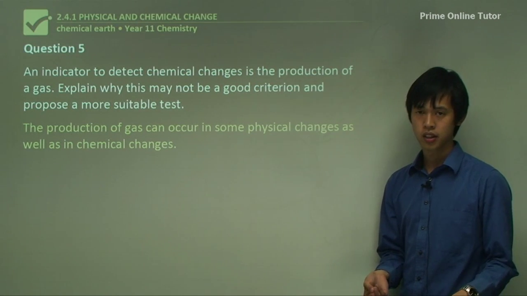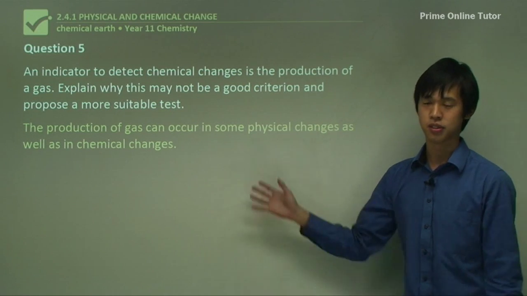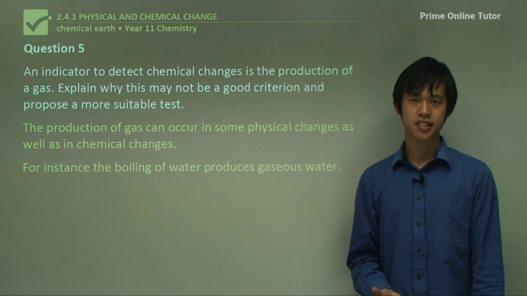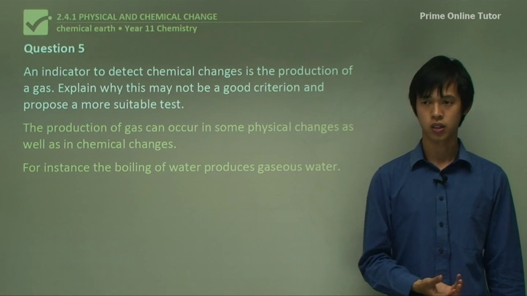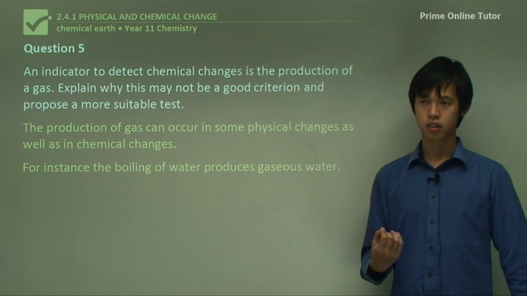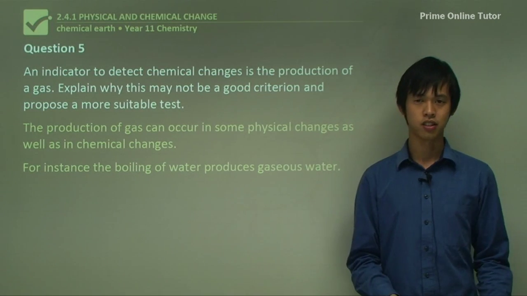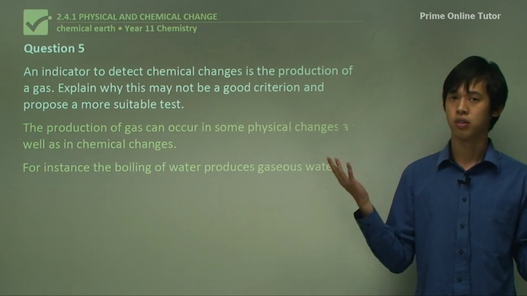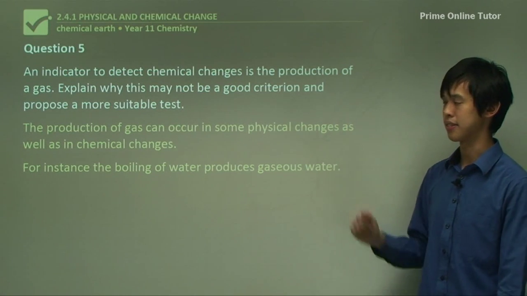Okay? Now you're thinking, oh, well, give me an example because I don't understand what you're talking about. So if I boil water, I'm actually producing a gas, aren't I? I'm turning liquid water into gaseous water. Okay? But I know that's a physical change, but I just said that chemical changes can often involve the production of a gas. So now we're in trouble, right? There's ambiguity, essentially, in this question.